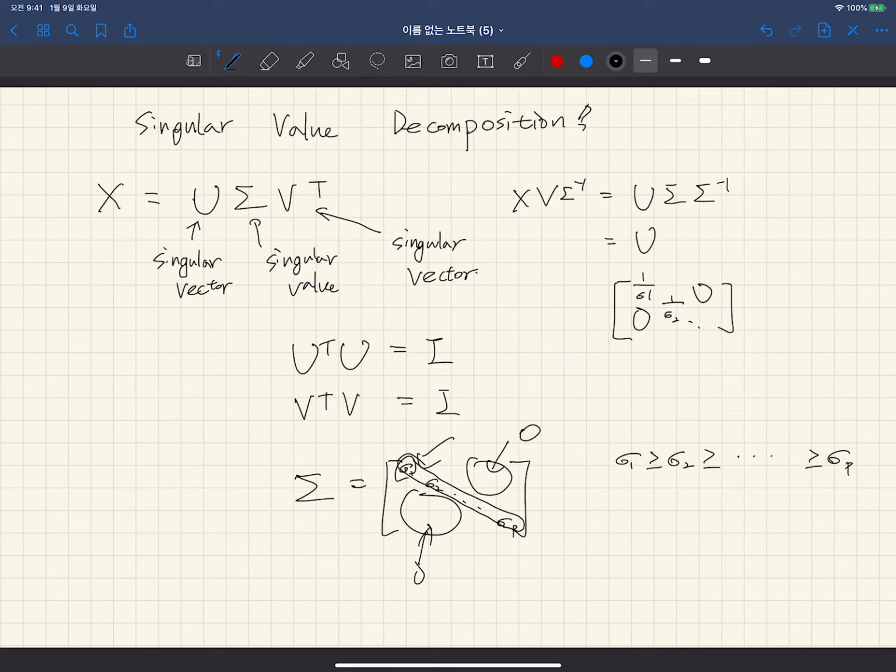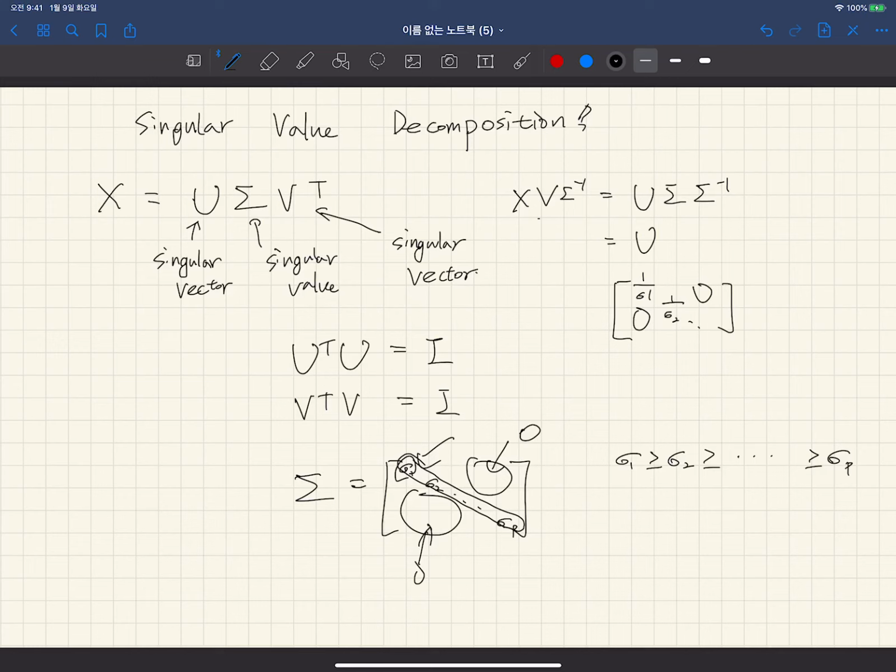Okay? So because the first column is the first principal component and the second column is the second principal component, how do we extract the first and second principal components from the singular value decomposition? This is very trivial.